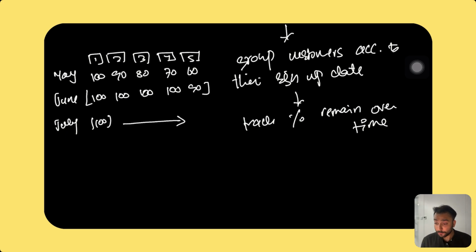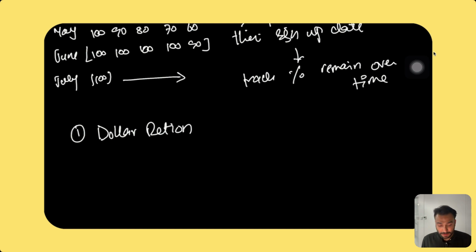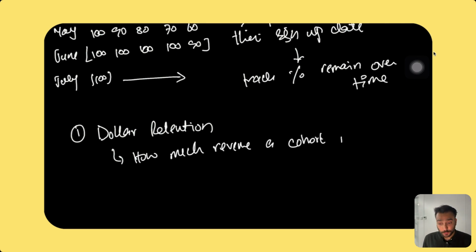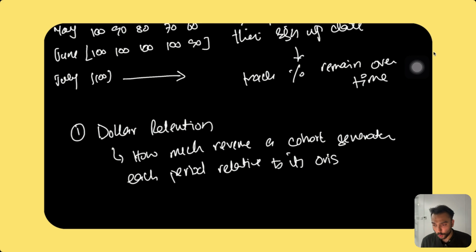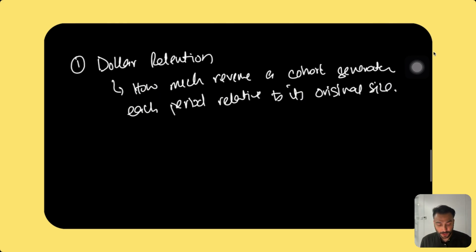The first thing that I need to measure is my dollar retention, which is how much revenue a cohort is generating in each period relative to its original size. Which basically means that if I acquired a certain number of customers in May, are they increasing or regaining their original value or not?